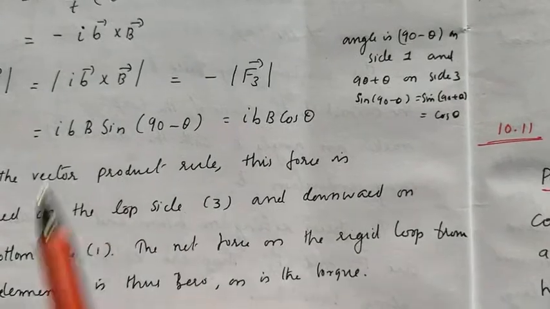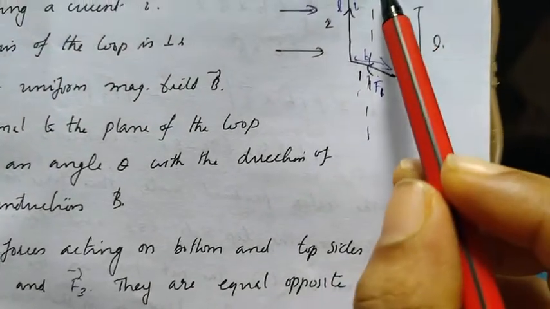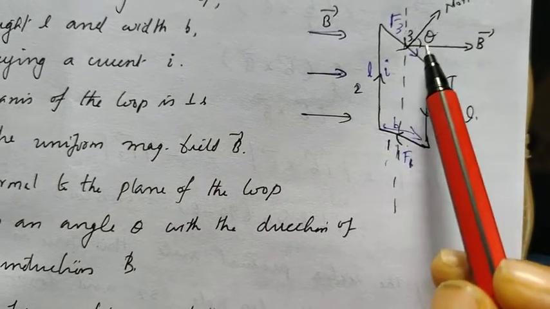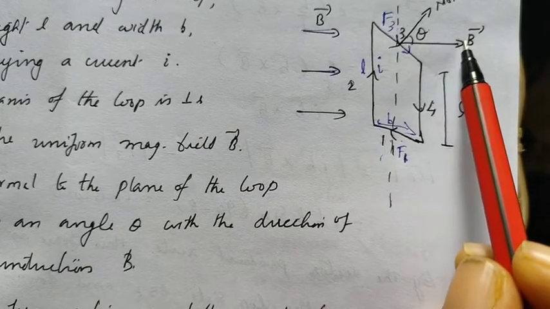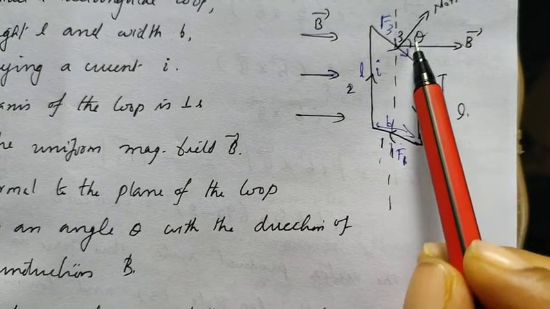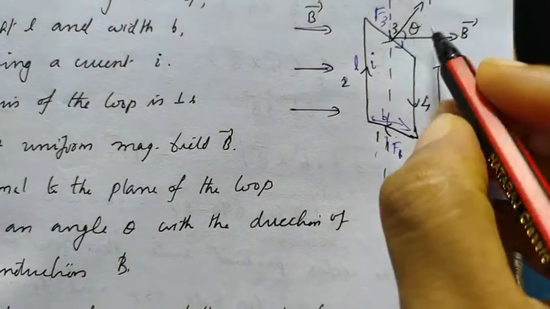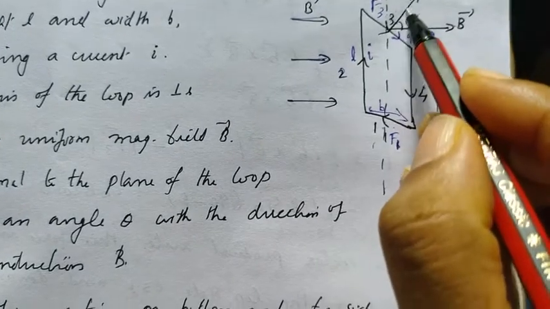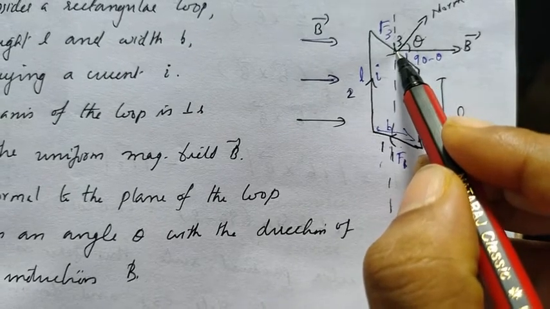What is the angle between B and B? Here this is side 1 and this is side 3. This is the direction of one B and this is the direction of the other B. So the angle between them is 90 minus theta here, because this is the normal drawn to the plane.